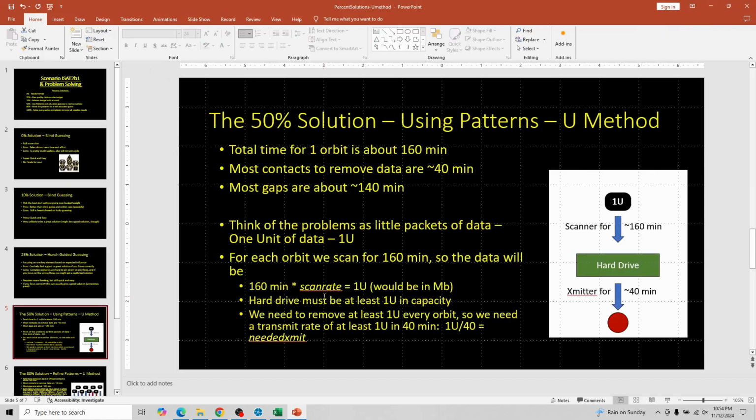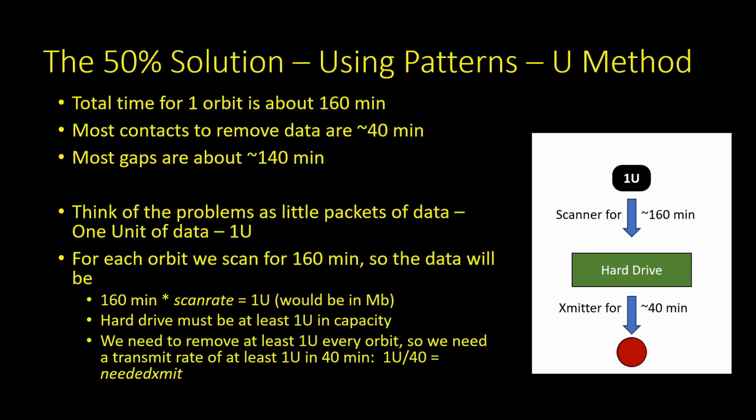We know that we are going to have about 160 minutes' worth of scanning. Now, for the low-level scanner, that'll be 40 megabytes per minute, and for the high-level scanner, it'll be a different value. So the amount of data that I have changes depending on my scanner. But what I'm going to say instead is I'm going to call one unit of data that I get every cycle, one U, whatever my scan rate is.